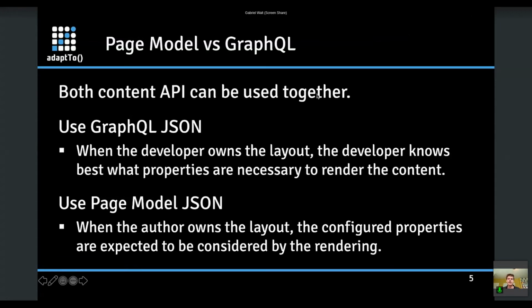So typically, for example, if in an image component you have added on your image a link to another page, then the author really expects that the implementation of the rendering of that image component makes use of that link that has been configured. Otherwise, it would feel broken for the author. So this is why we have these two APIs.